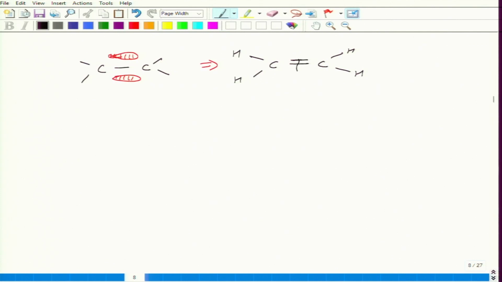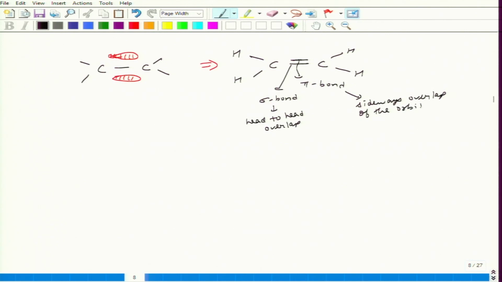So this is a pi bond and this is a sigma bond. How are these two different? Sigma bond is head to head overlap, pi bond is sideways overlap of the orbitals. Okay, as there is head to head overlap, it is a stronger bond.